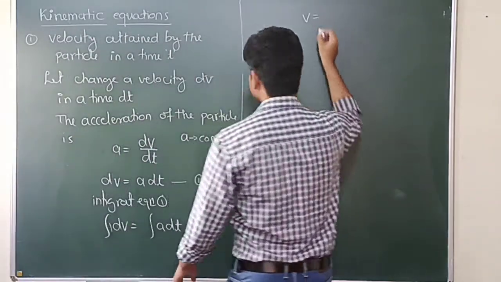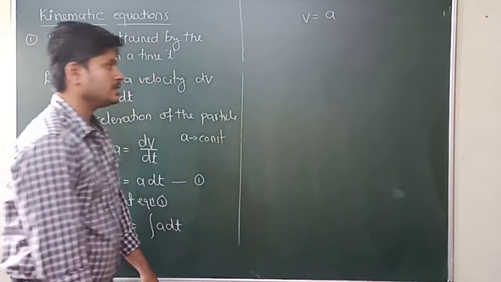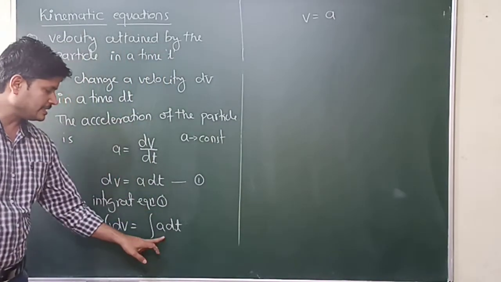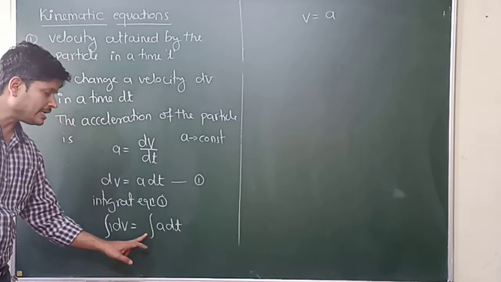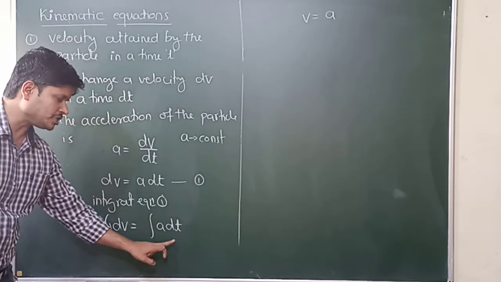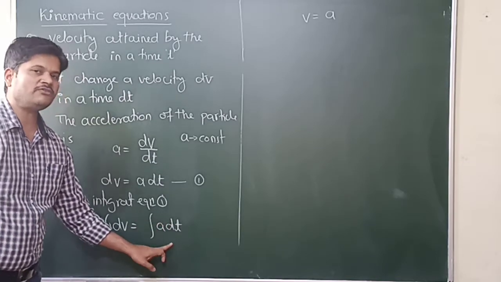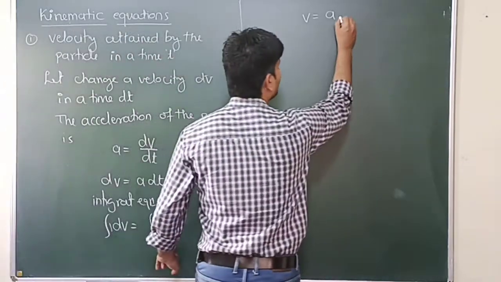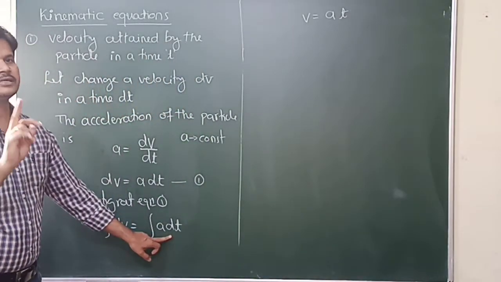And this is equal to, as I said, a is a constant. We cannot integrate this, therefore take it outside from the integration. What is the remaining term? Only integration of dt, which gives only t.